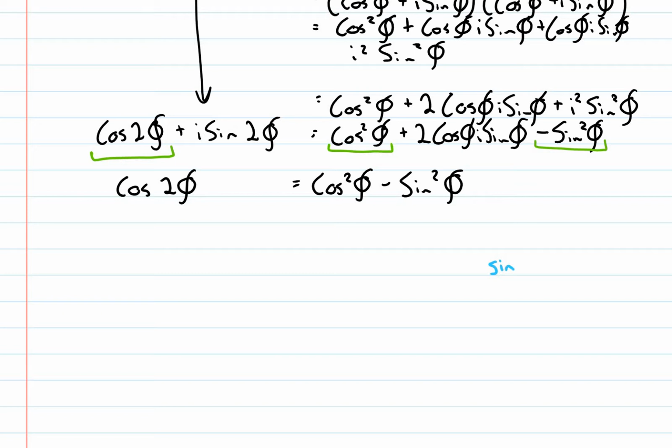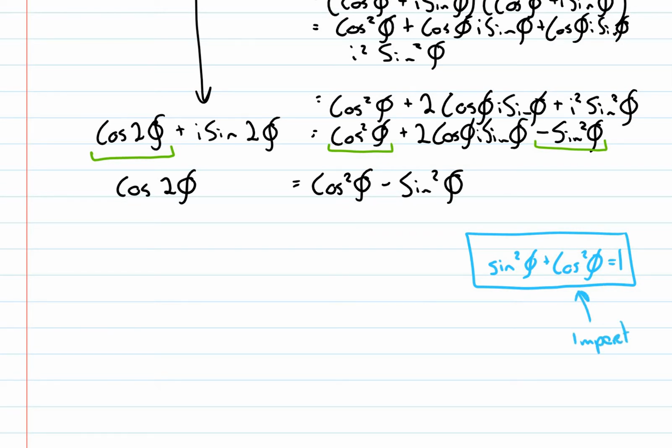Here it is: sine squared theta plus cos squared theta equals 1. For any of these questions, this here is important. Why? Because it allows us to write anything with sine in it or cos in it as something without sine or without cos in it.